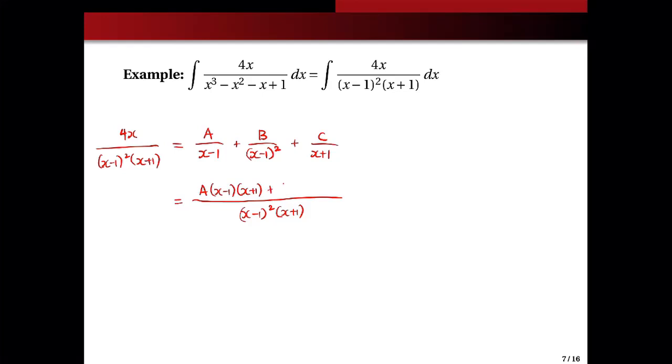Then the denominator for b is x minus 1 squared. I got this x minus 1 squared, but I am missing x plus 1, so I'll have to multiply x plus 1 to b. Then plus c. In here, the denominator is x plus 1, and I am missing x minus 1 squared, so I'll multiply this with x minus 1 squared.